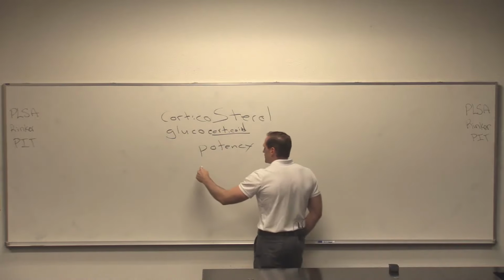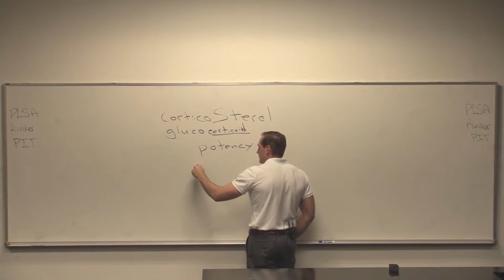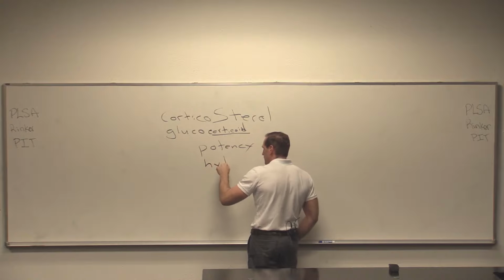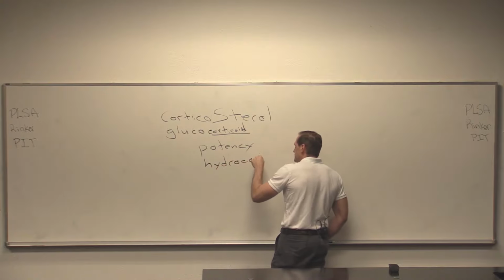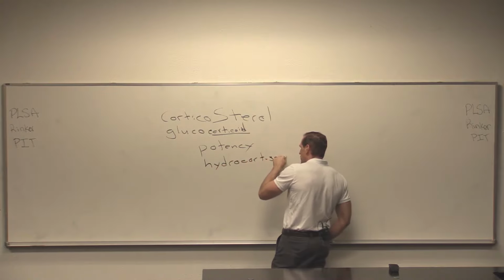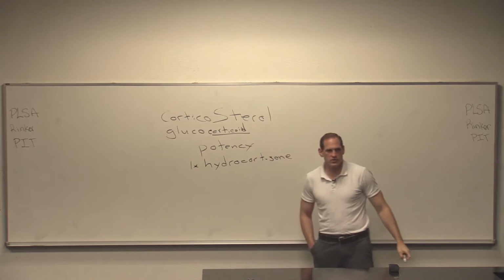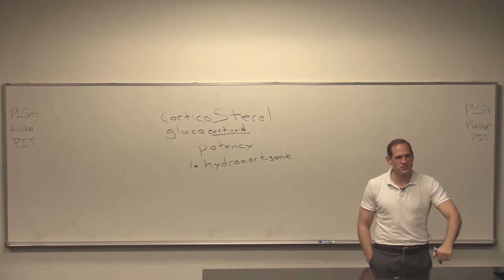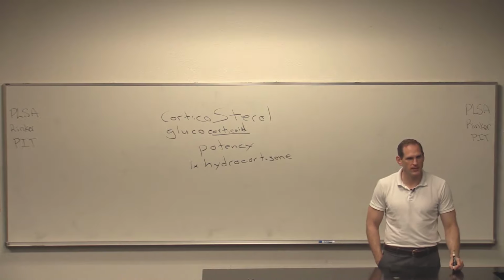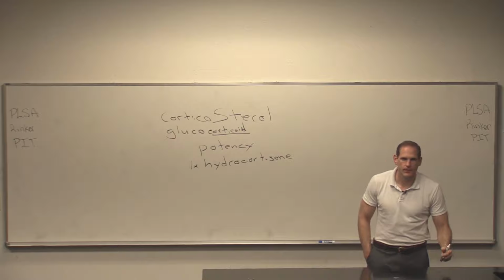There's 6 drugs that we're going to learn at this time. And the first one is hydrocortisone. Now this is essentially artificial cortisol. And it's basically a 1-to-1 relationship. So it's 1 times as strong as cortisol, basically the same.